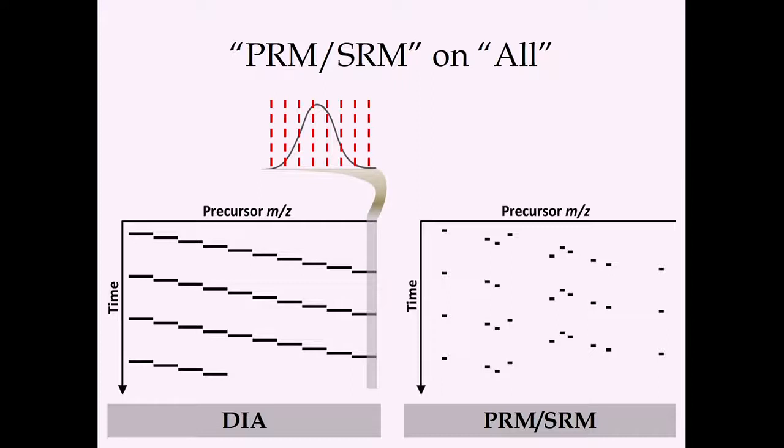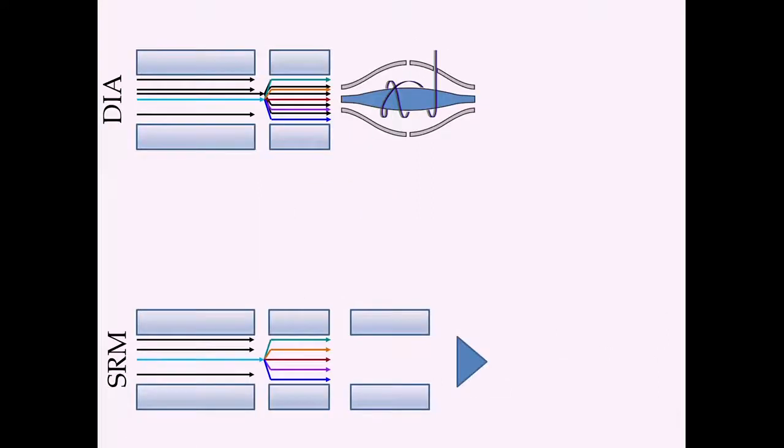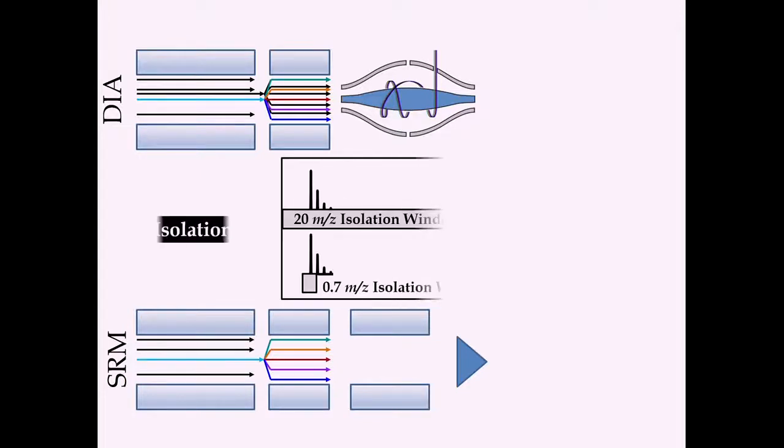So there are some differences, of course, between DIA and SRM. There are more than just this, but let's review some of them. One is the isolation window, and this is really the key component. I've talked about the simplest experiment as being the 20 mass-to-charge wide isolation window. In a triple quad, we almost always use unit resolution, or 0.7 mass-to-charge, as the precursor window.